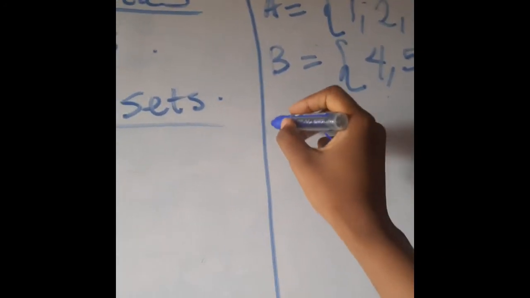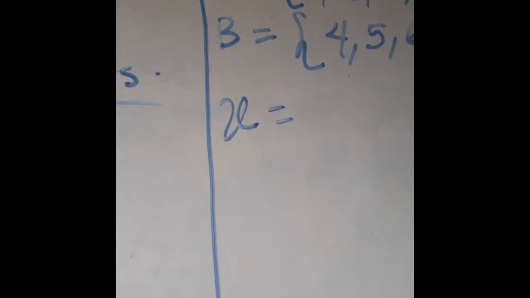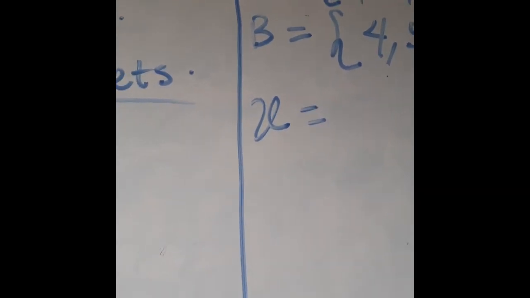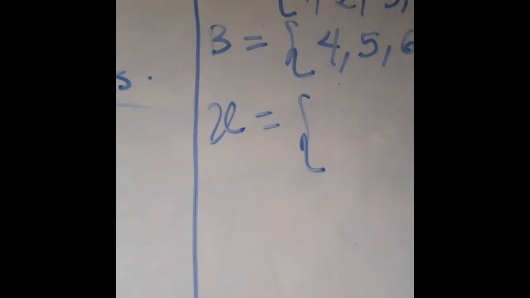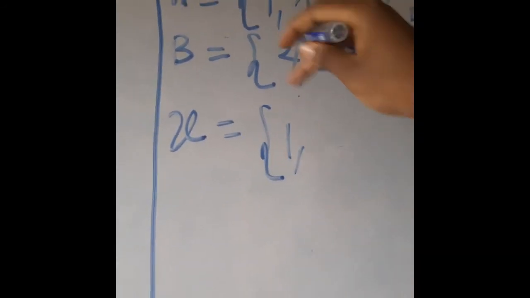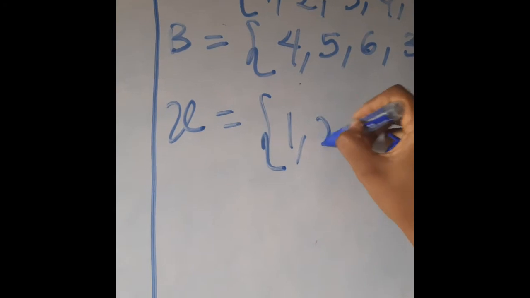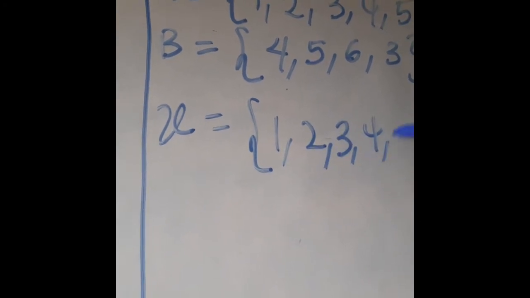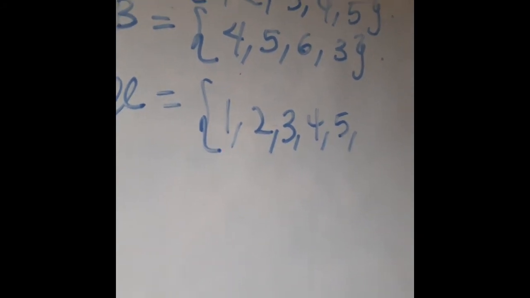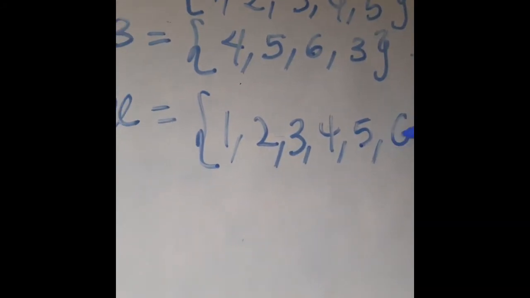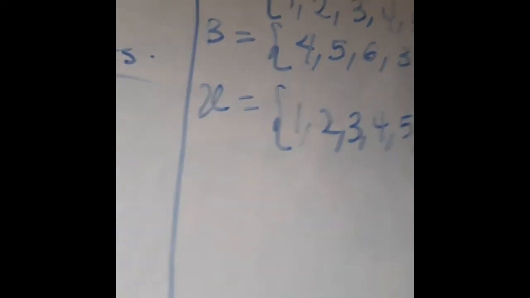Let me give us our universal set, which is comprised of everything, both A and B, which is 1, 2, 3, 4, 5, and 6. These are universal sets.